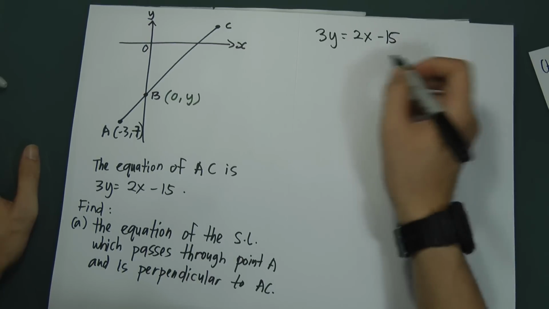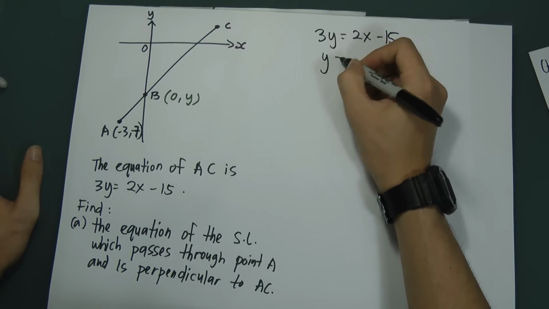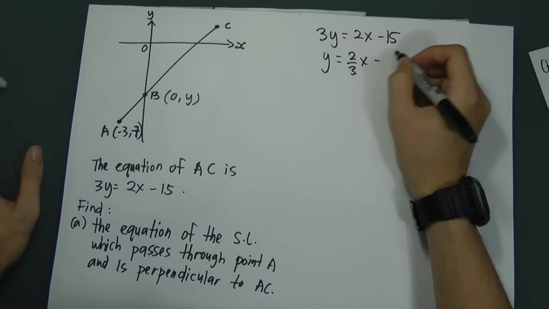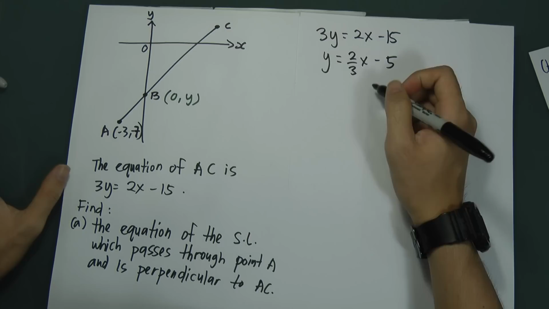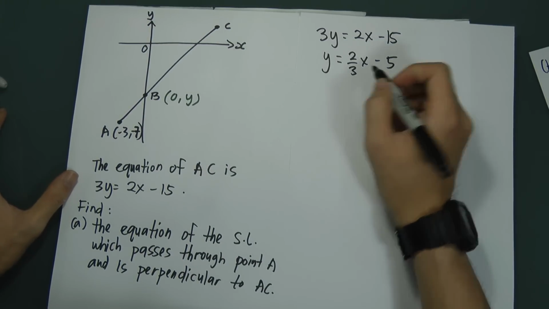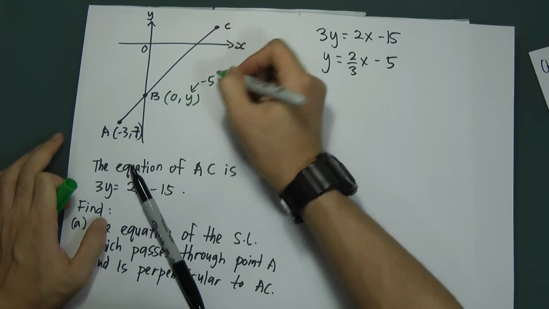So to make y the subject, I divide everything by 3. So y = (2/3)x − 15 divided by 3 is 5, so y = (2/3)x − 5. Over here I know that for the straight line AC, c is −5.